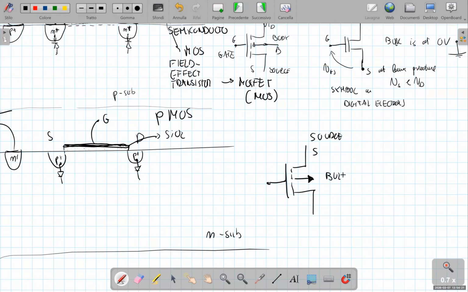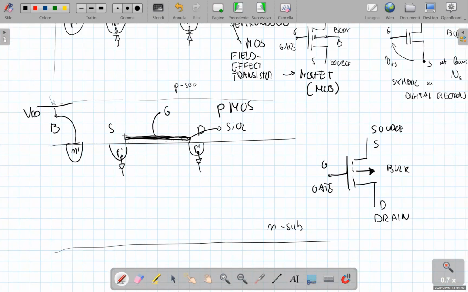This is the bulk, and this is the drain at the lower potential, and always the gate in between. Compared to the NMOS device, in order to establish a conductive channel between the drain and the source, we need to provide positive carriers to establish the conduction between these two P-type doped regions.